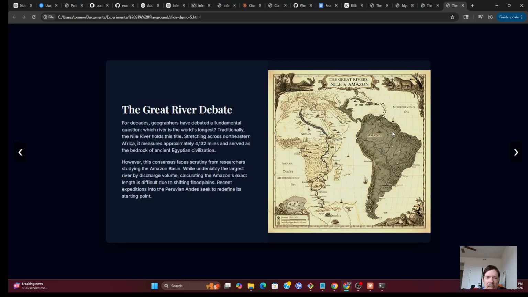So this topic I gave to it had to do with which river is longer, the Amazon or the Nile. And we named the topic the Great River Divide, and then talked about the issues involved.